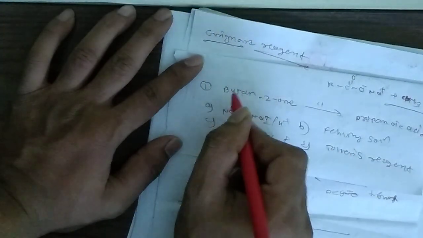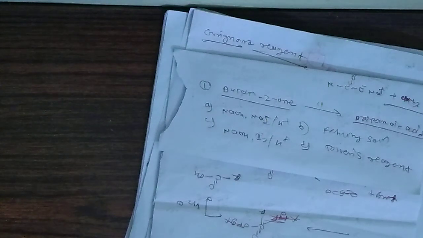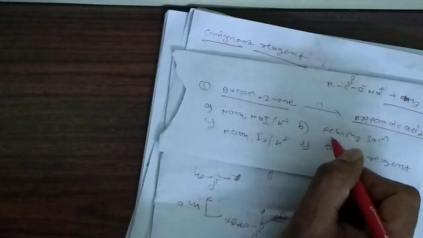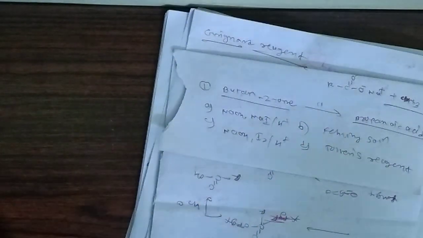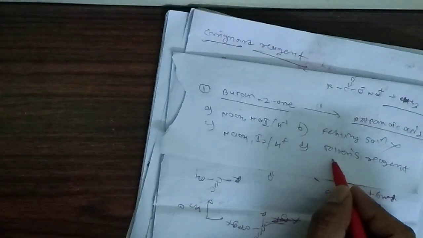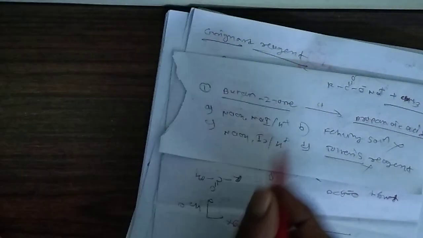This is the ketone and acid is formed. Now if you see here, Fehling solution: the Fehling test is given by only which type of compound? Aldehyde. So this is a ketone, it will not give it. Tollens reagent is also used for aldehyde, not for ketone, so this is also cut.